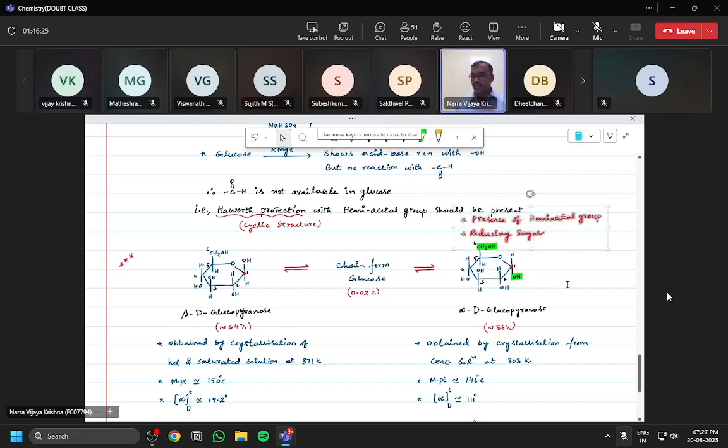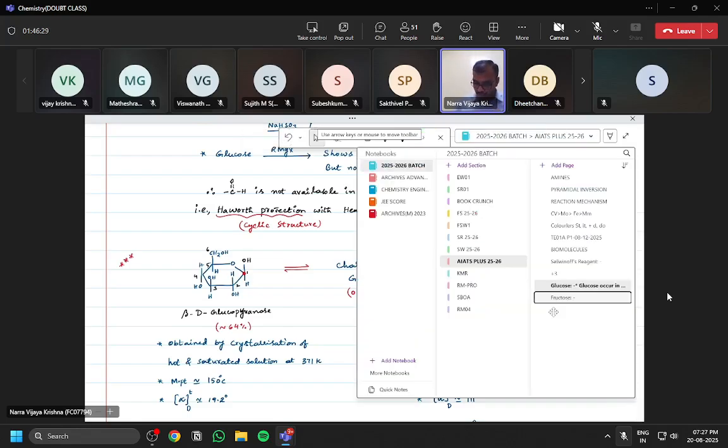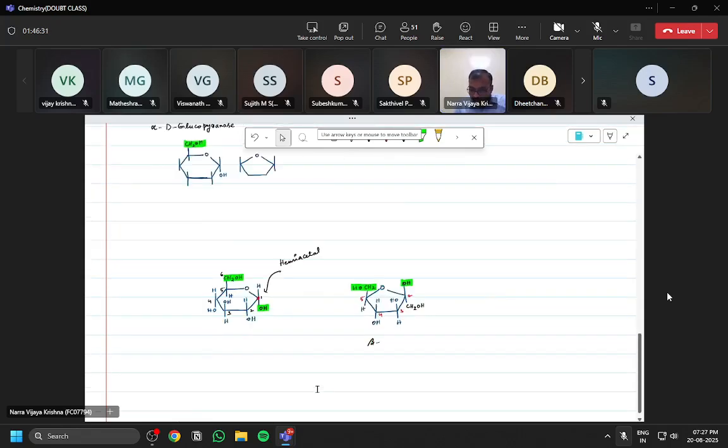Here also the hemiacetal group is present, therefore it is also a reducing sugar. Now I am connecting this OH group and this OH group, and I am eliminating water.